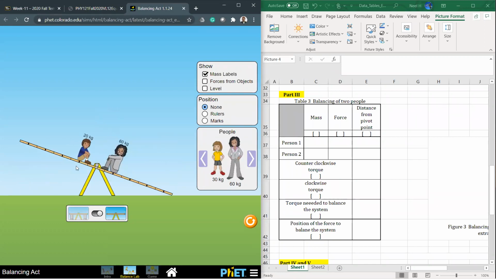Since both persons are at the same distance, the heavier person on the right hand side gives too much clockwise rotation, right? Because of that, the meter ruler is not balanced. So you have to find how much force is needed to balance this meter ruler, right?